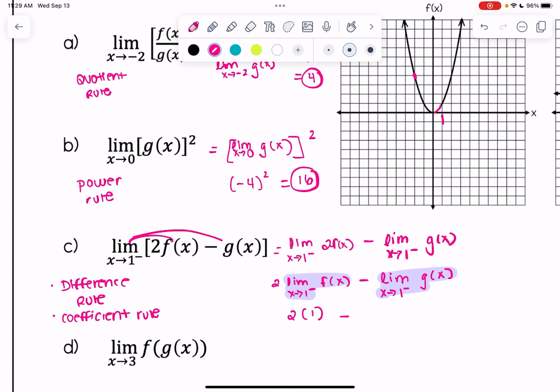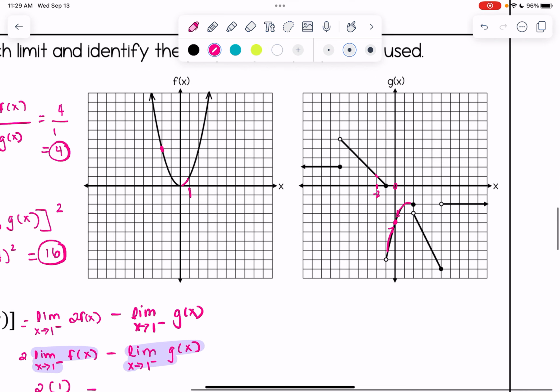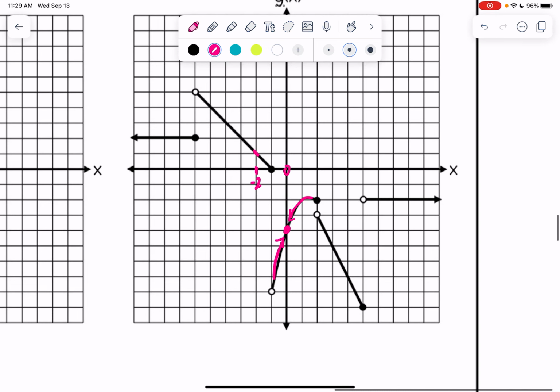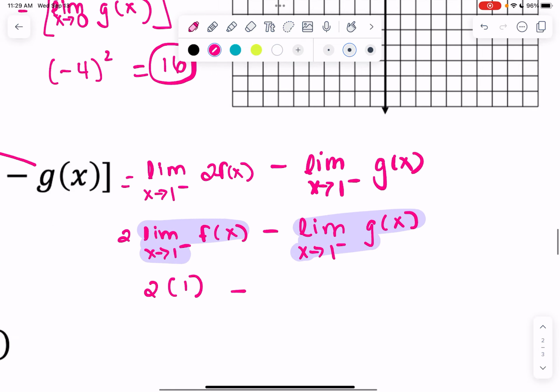And now we want the limit as x approaches 1 from the left of g of x. So let's erase these markings from before. And here's 1. As I am approaching from the left, I'm approaching -2. So we have 2 times 1 minus -2. And that's really going to be +2, and that would be 4.